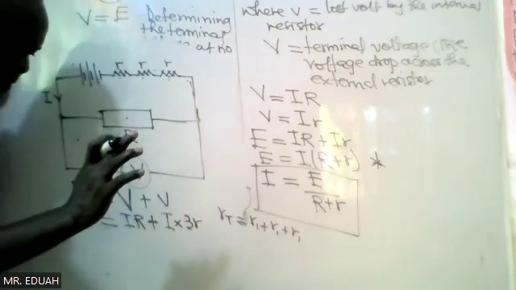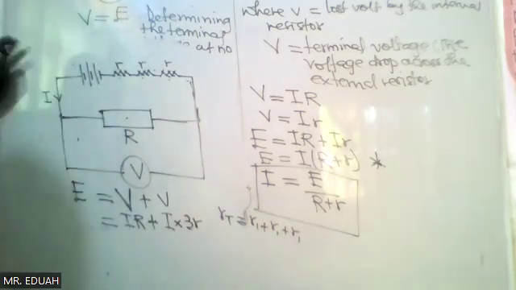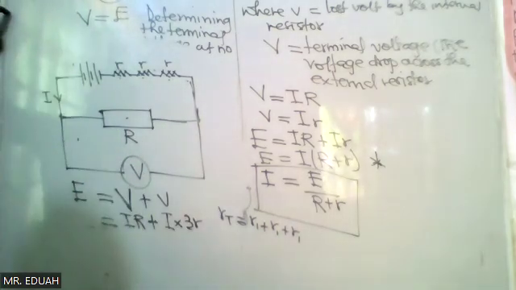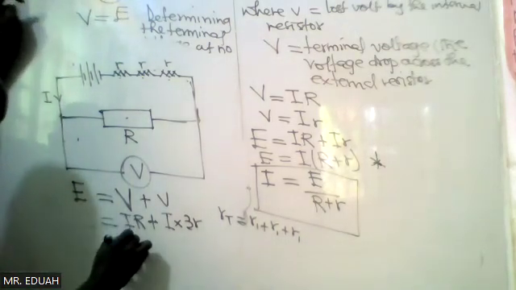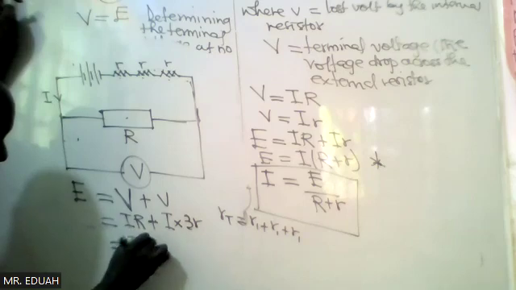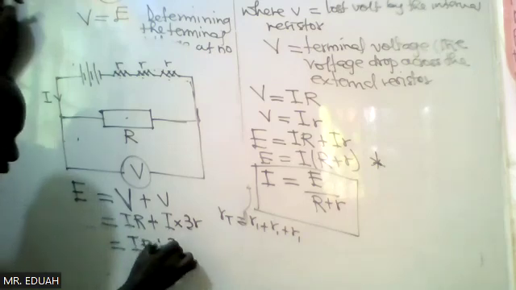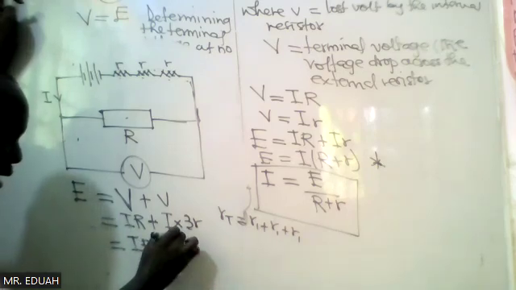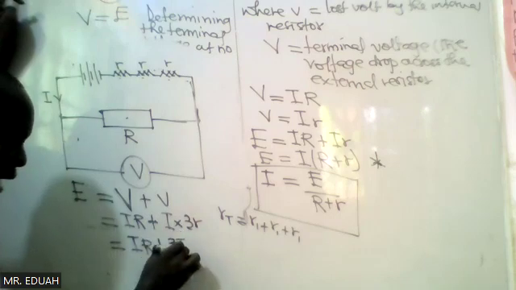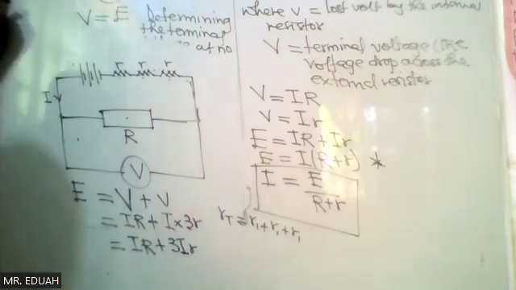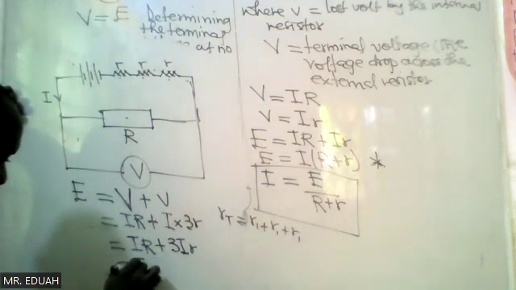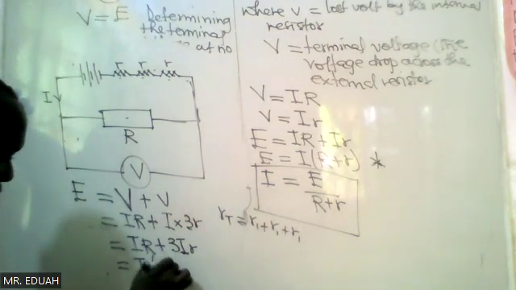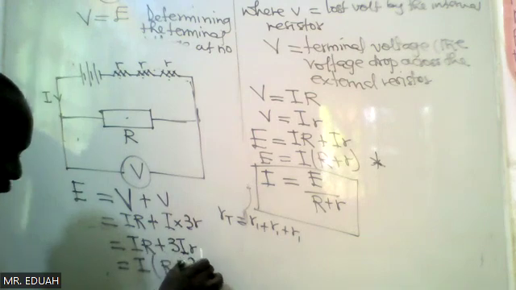Please, are we okay? Are we fine? Yes, please. All right, so we have IR plus 3Ir. When we factorize I out, we have R plus 3r.